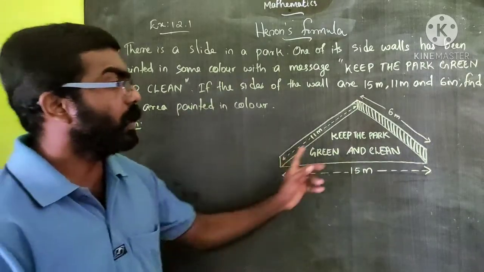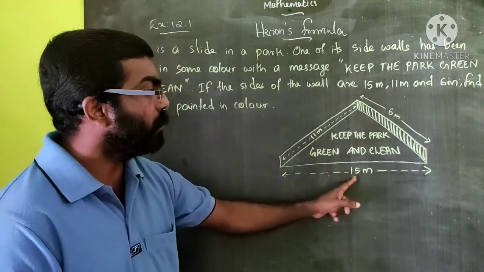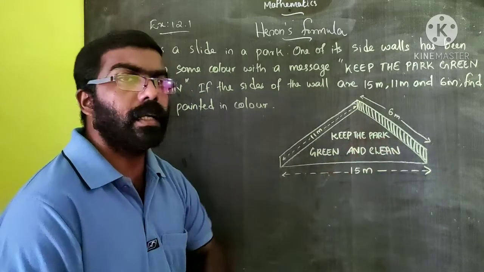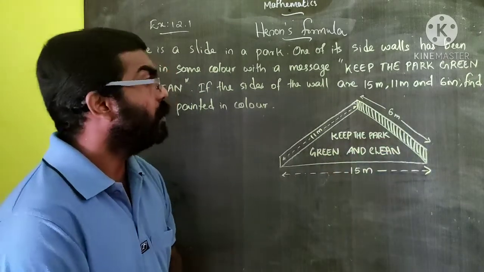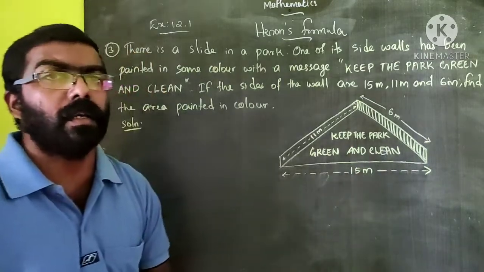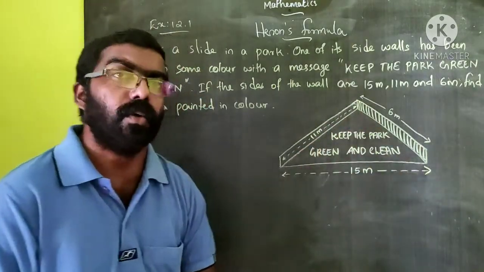Okay, so here is a park and this triangular portion, dimensions are given 15, 11 and 6. This portion is painted in a color and a message is written, keep the park green and clean. We have to find the area of this triangular portion.